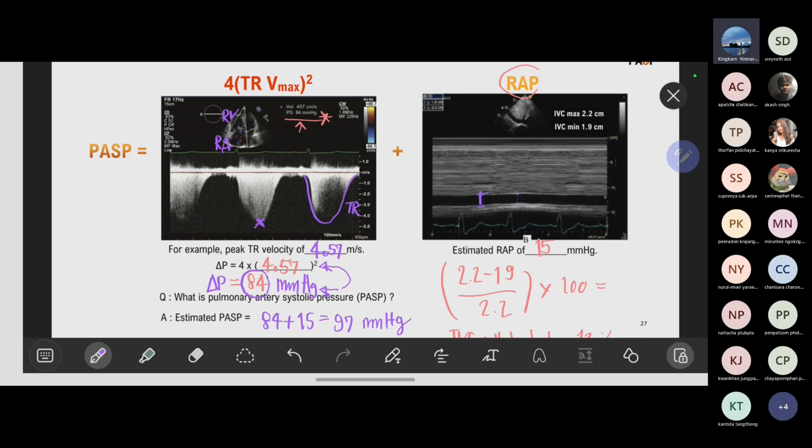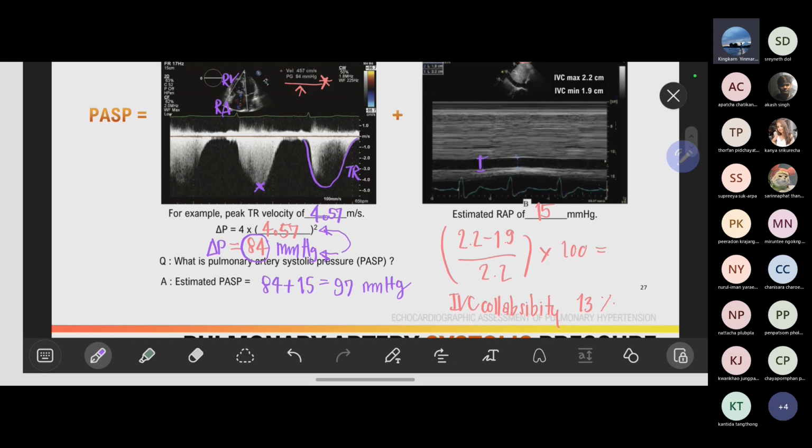So the estimated RAP is 15, because IVC collapsibility is less than 50 and IVC diameter is more than 2.1. So the estimated PASP is 80 plus 15, which is equal to 97 millimeters of mercury.